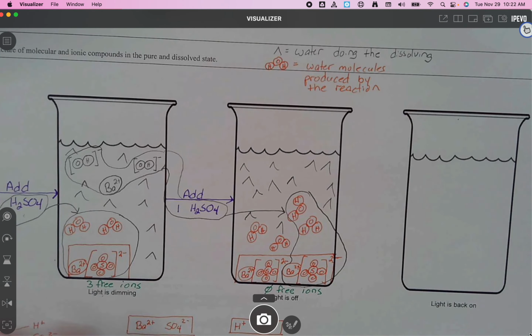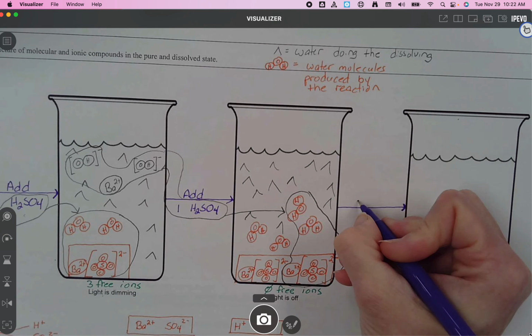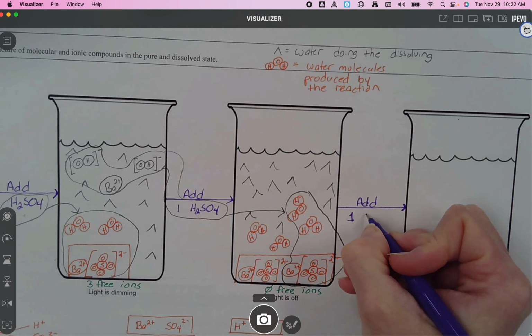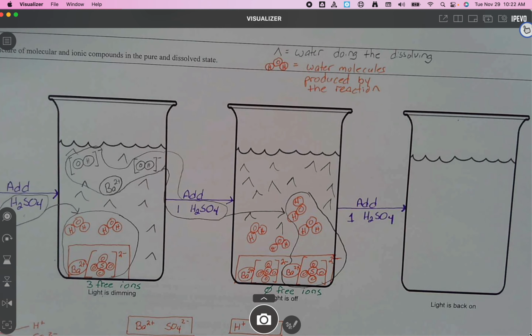And then lastly, the light came back on again. We stopped briefly and appreciated the light being off, and then I kept adding sulfuric acid. So let's add one more H2SO4. Which means I have everything that was there before.